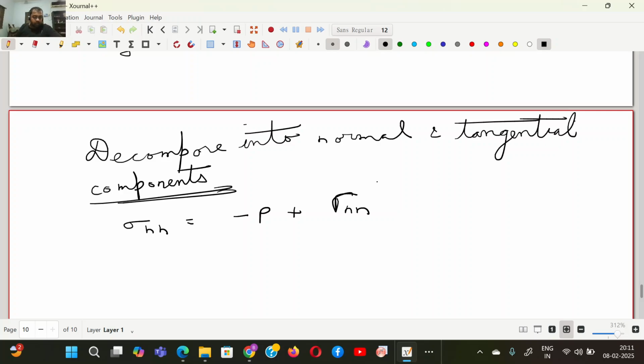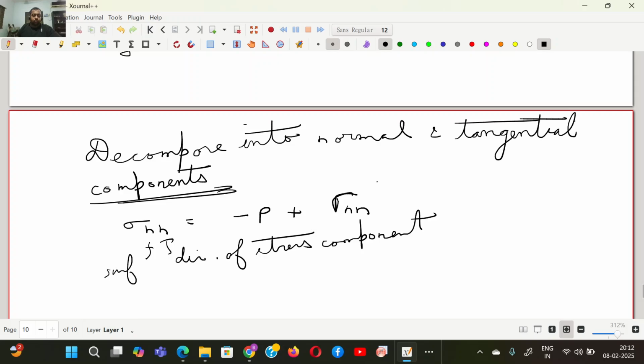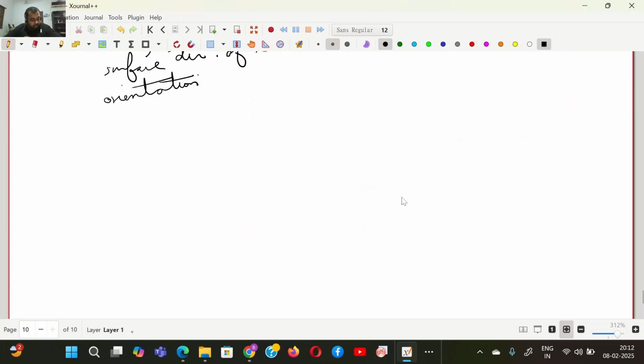So it becomes important there. So obviously there are two subscripts, like one is the direction of the stress component, another represents the surface orientation. Right, I'm just defining these terms, not important, just for the sake of completeness.